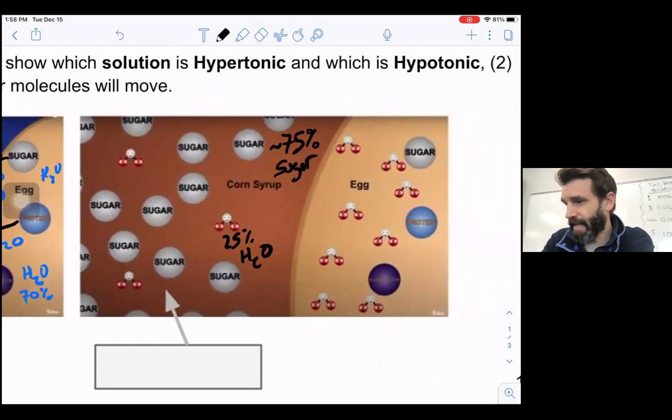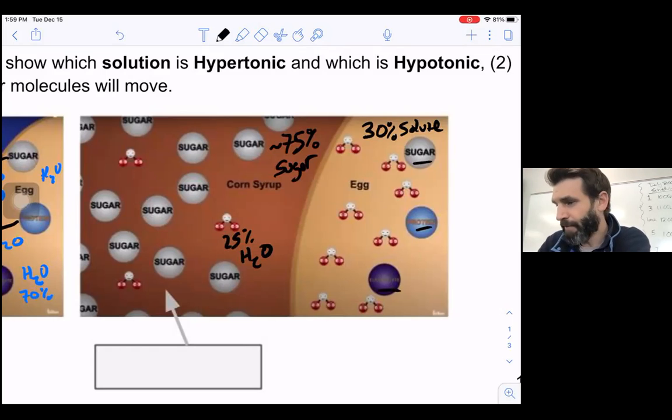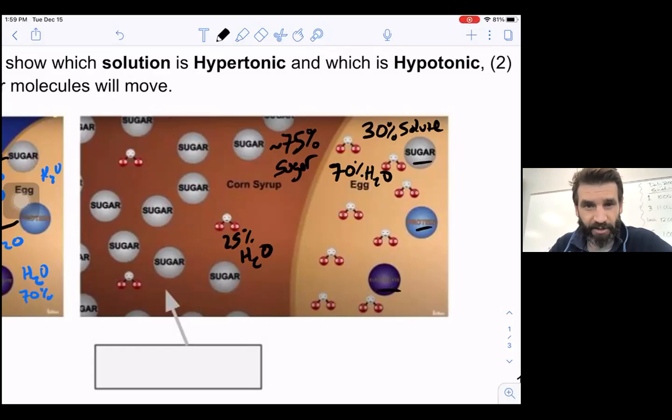Inside the egg is maybe 30% solute. And I say solute because I mean sugar, protein, electrolyte, salt. I mean everything that's dissolved. And approximately 70% H2O. So now this solution has a much higher dissolved concentration of stuff outside.